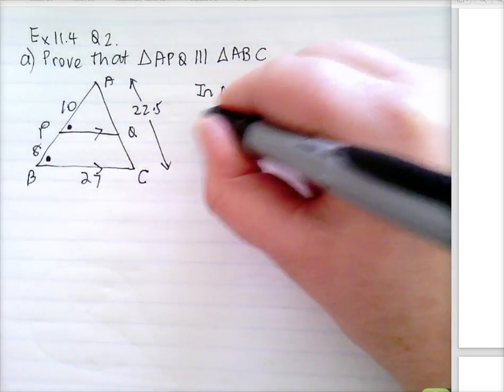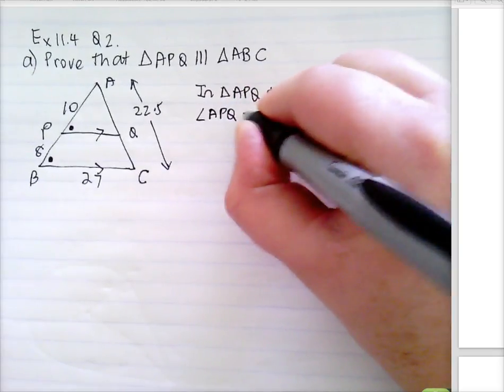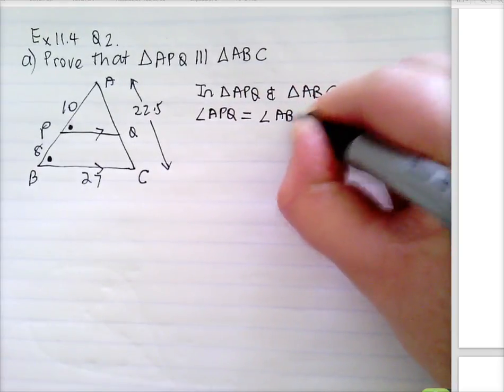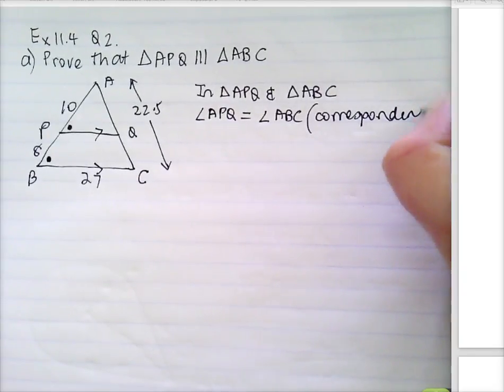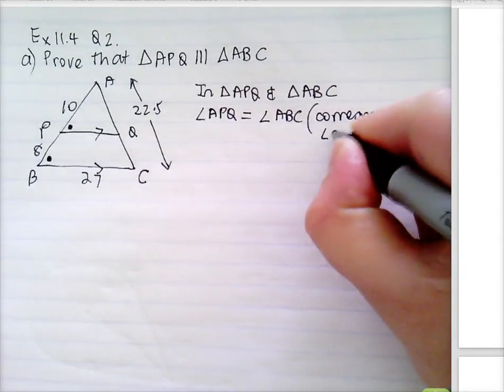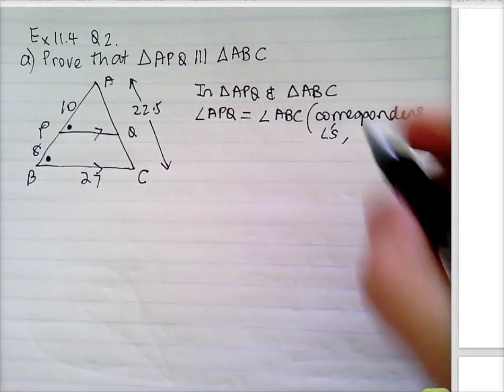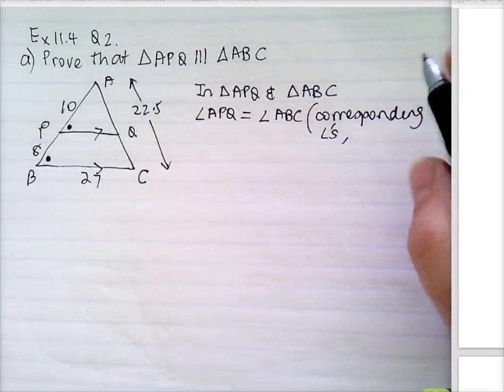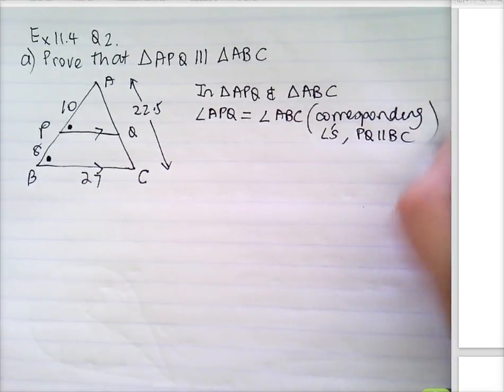Yeah, so I've got angle APQ equals angle ABC, reason: corresponding angles, PQ is parallel to BC.